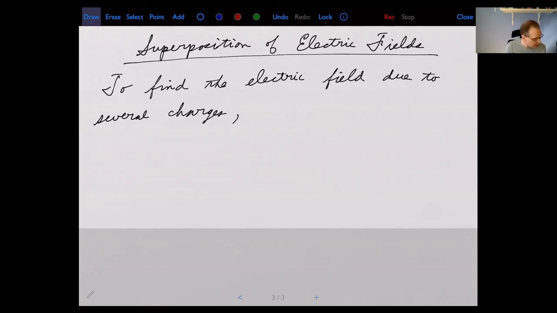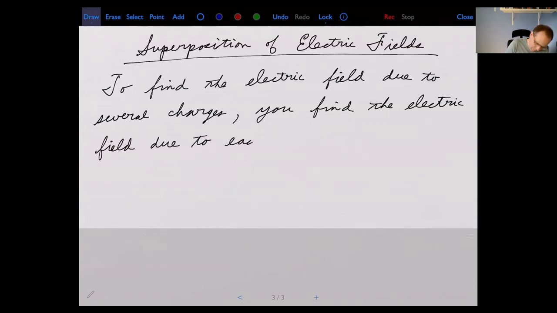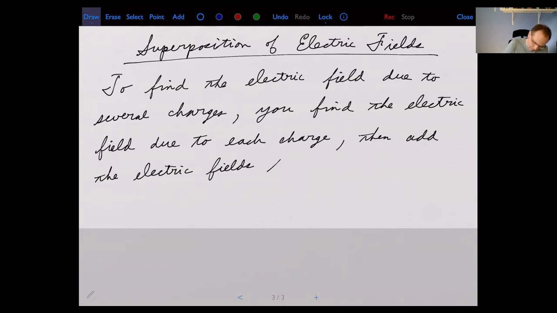So you find the electric field due to each charge individually. Then you add those electric fields together to get the total electric field. And remember, electric fields are vectors, right? So you have to add them vectorially.